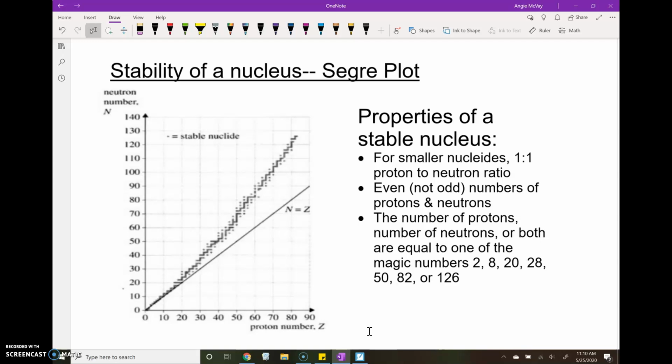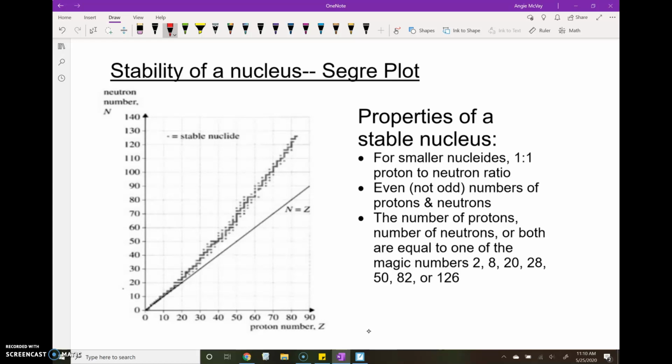On the y-axis we've got the number of neutrons in a nucleus, and on the x-axis we've got the number of protons. We can use this to predict the stability of a particular nucleus.